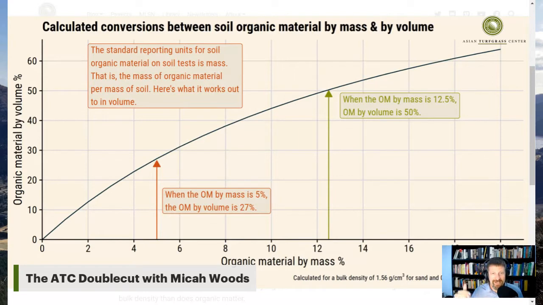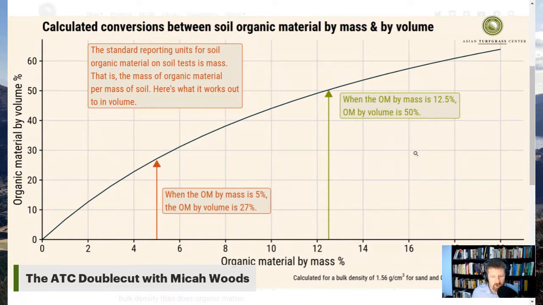And of course, that has a big implication to things like infiltration rate and water holding capacity of the soil, because as the organic matter starts occupying more and more volume of the soil, eventually you end up with a sponge instead of a soil. When the organic material by mass gets up to 12.5%, that's where the volume of organic matter exceeds 50%.